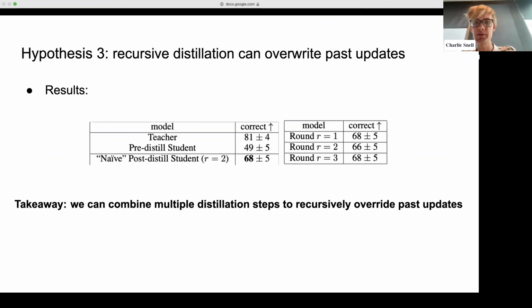We find that, at least with the large models that we are fine-tuning, this isn't too big of an issue. After even multiple rounds of this recursive distillation, it still remembers how to respond to these prompts. Now, if you did more steps, maybe it would forget, and maybe this is specific to the tasks we considered, but we found it not to be a huge issue.